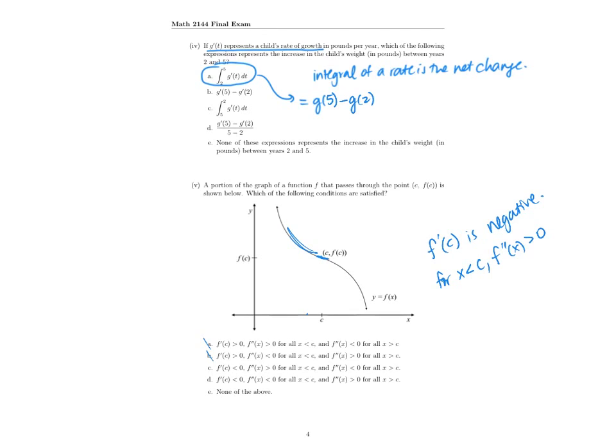And when I am to the right, so for x greater than C, the function is concave down. So f double prime of x is less than 0. Okay, and so which one is that? f double prime is greater than 0 for x less than C, and f double prime is less than 0 for x greater than C. So that ends up being C.